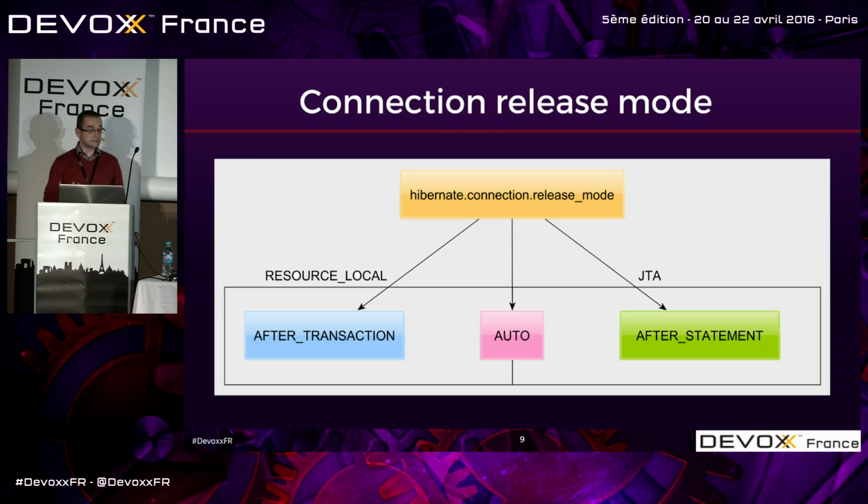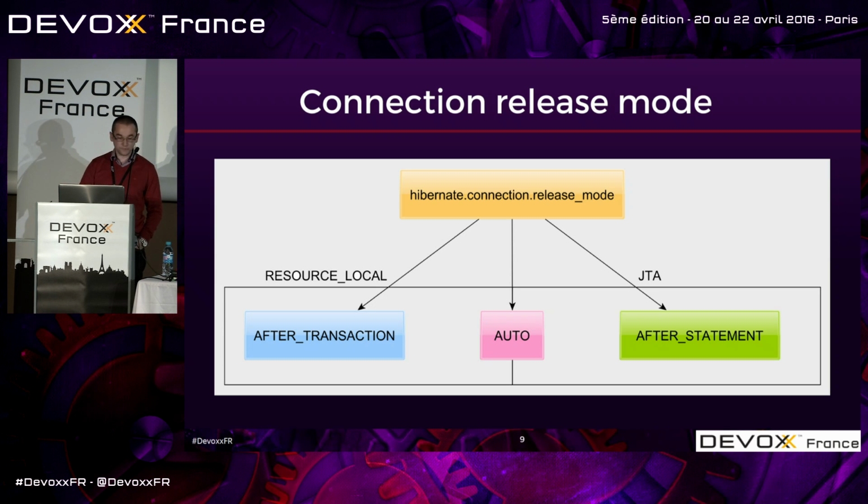About connection release, it's a little bit tricky because Hibernate does something like this. Automatically, when we are using local transactions, the connection is released after the transaction is either committed or rolled back. And when we are using JTA, like that's the case for Java EE, the connection is going to be released after each statement that is executed.